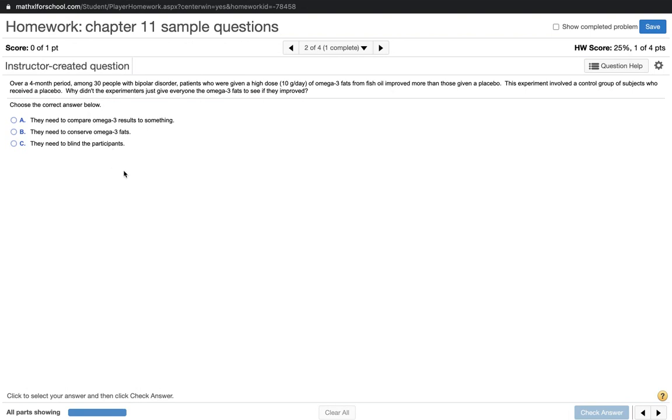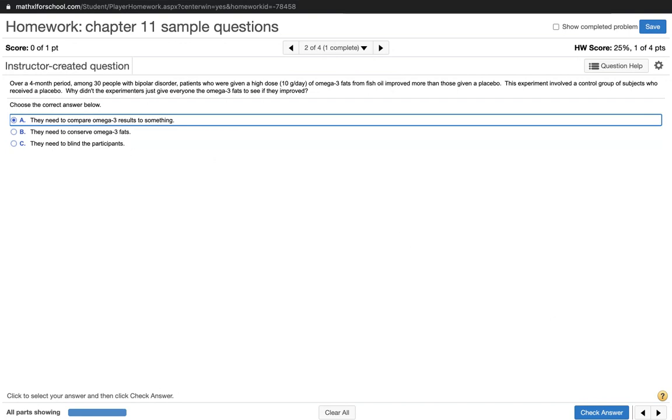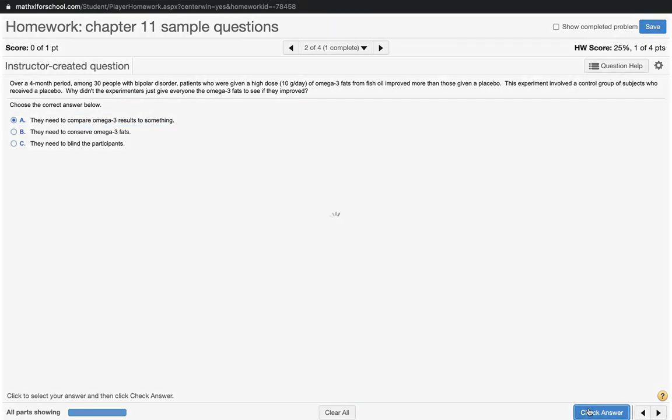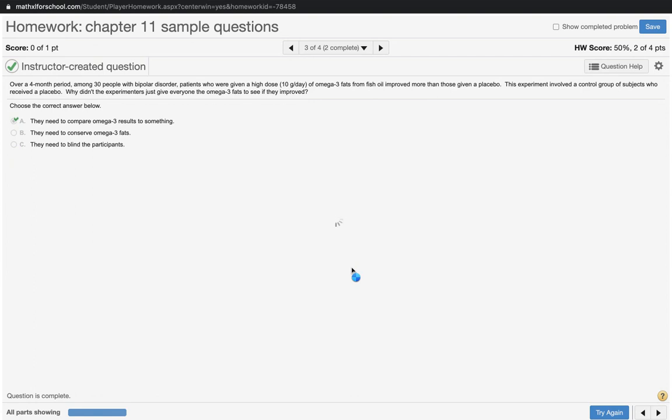So by giving half the people, in this case, the omega-3 fats, and half the people the placebo, we now can do that comparison. So the answer here is A. They need to compare omega-3 results to something.